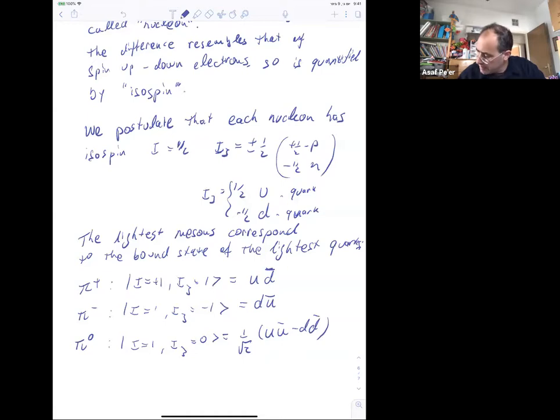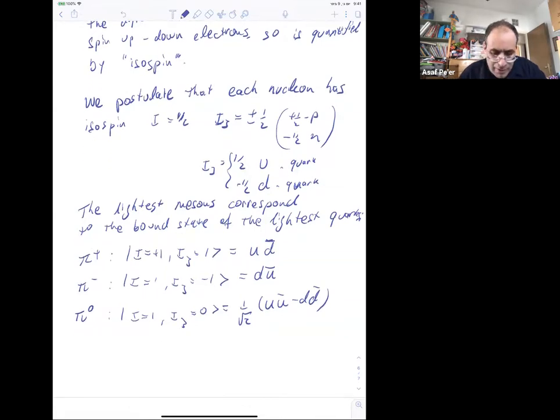Now I put two notices here. One is the minus sign that is here. It comes from the symmetry group, from SU(2), because it requires that the antifermion transform in the same way as the fermions.